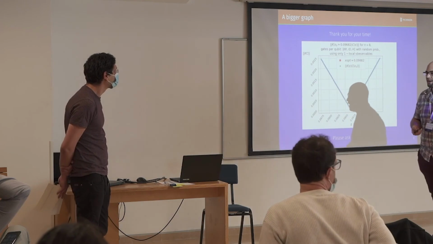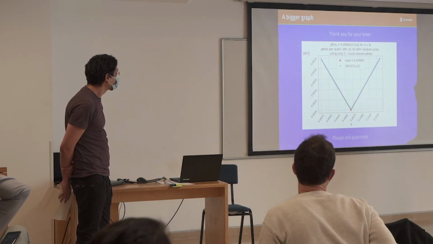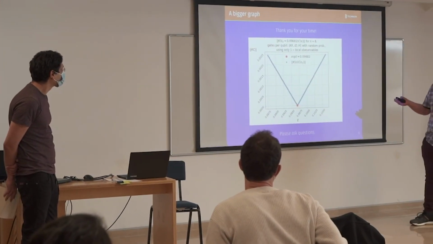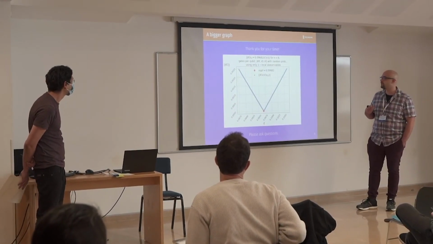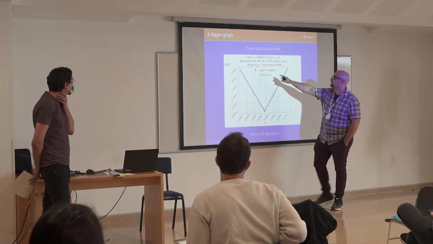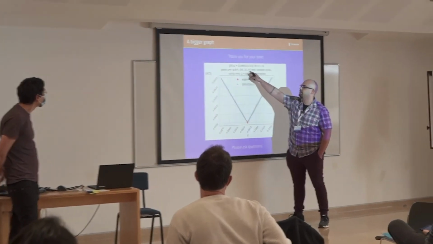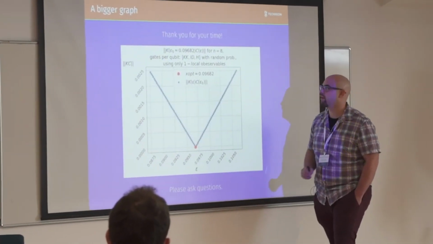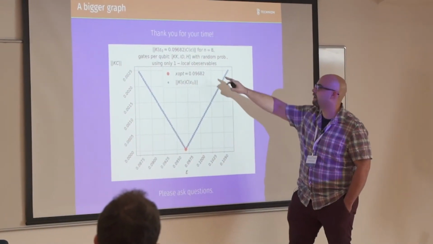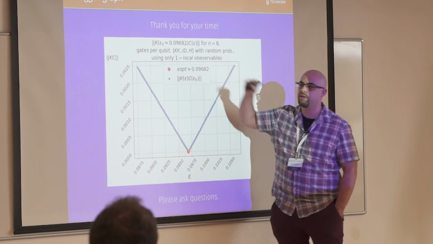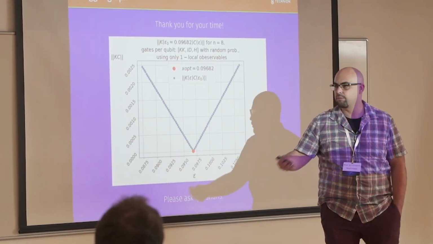I didn't have time to talk about this graph, but it contains a lot of parameters that I chose by myself. For example, the fact that each qubit can get only these 3 types of gates, and the fact that I chose a specific set of observables, and the fact that I randomized with what probability these gates can act upon each qubit.